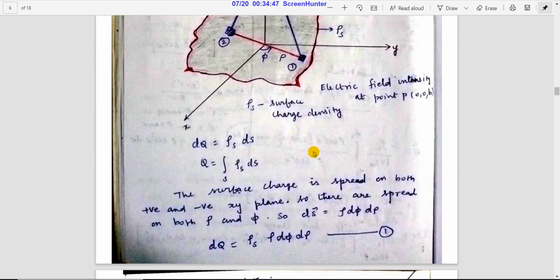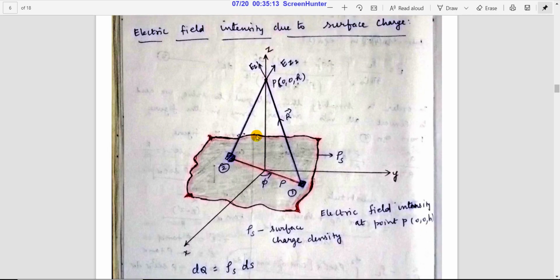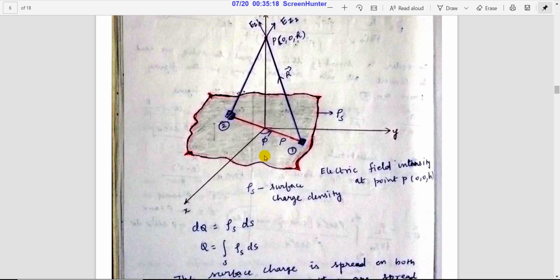Because this particular component is going to be on the plus xy plane, this is on the minus xy plane. Since the vectors are on the positive and the negative surfaces of the xy plane, the electric field constituted by these two particular charge density parts is going to have the ρ component as the same components with the negative values.